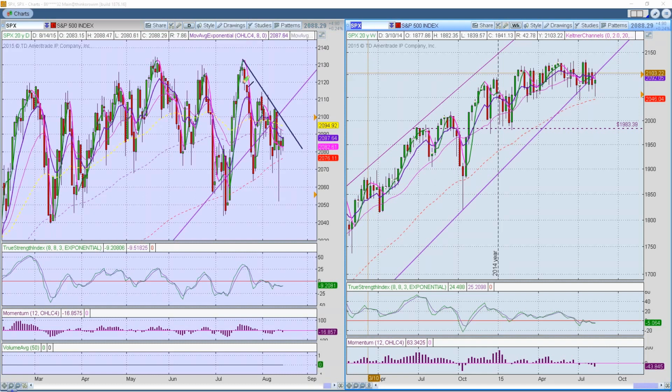On a daily chart, since we were only looking at approximately a month's worth of data here, I would consider that at least a short-term downtrend. Turning over here to the weeklies, the weekly charts, we see that the true strength indicator is looking very weak. The momentum is falling off.